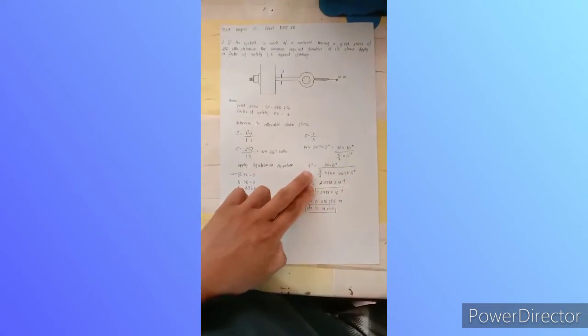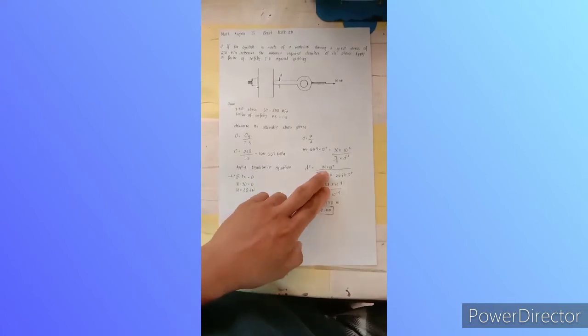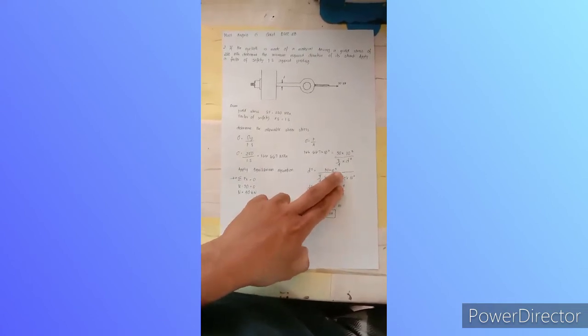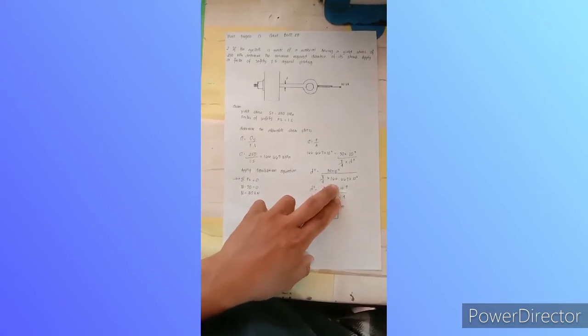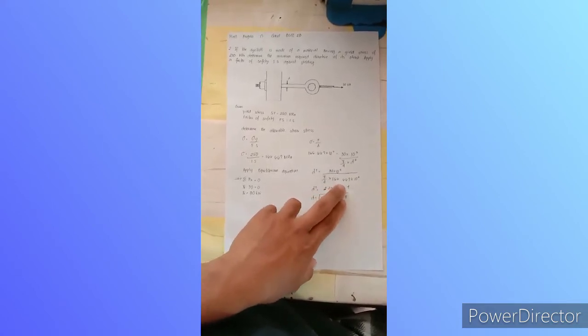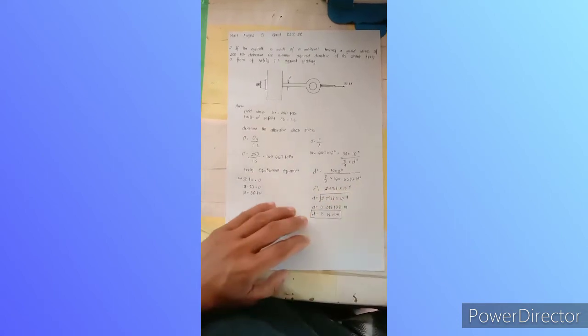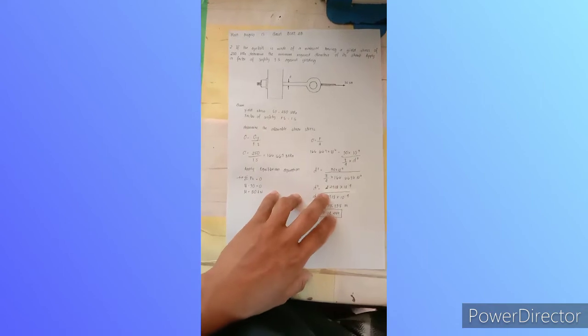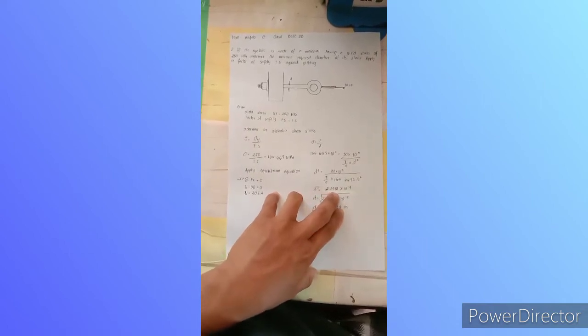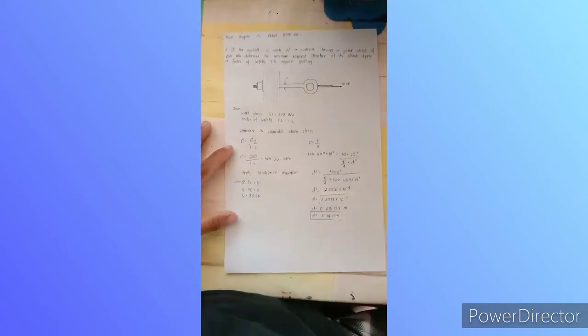So our D squared is equals to 30 times 10 raised to 3 all over pi all over 4 times 166.667 times 10 raised to 6. So our D squared is equals to 2.2918 times 10 raised to negative 4.